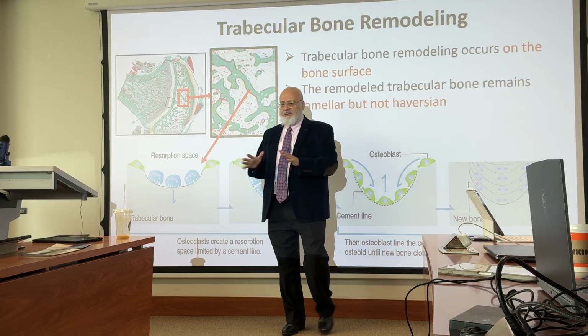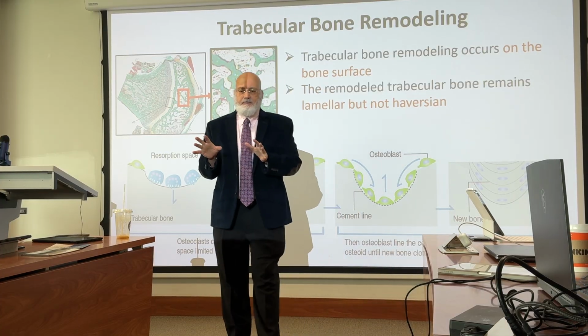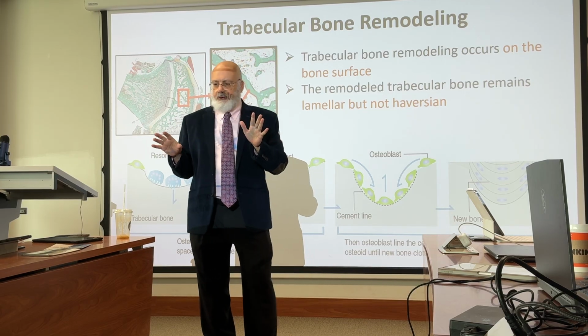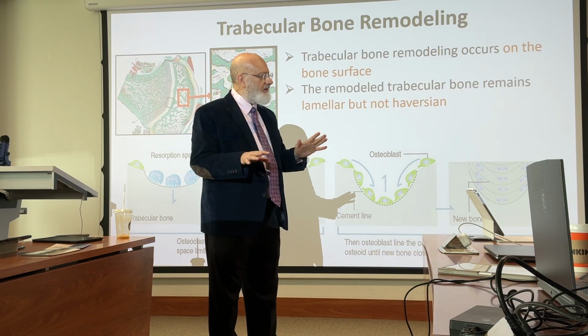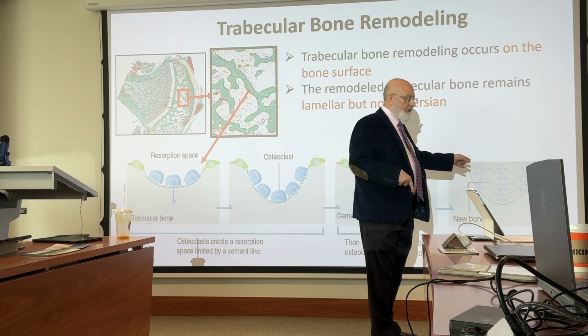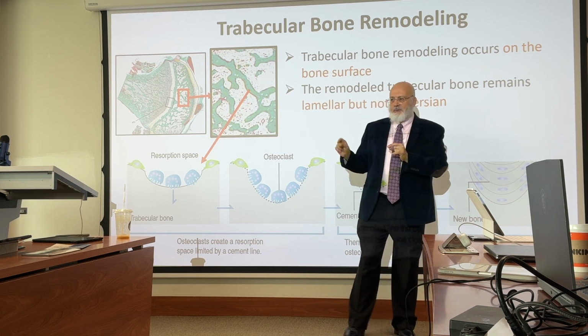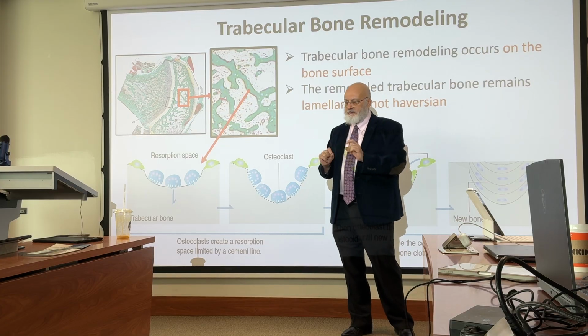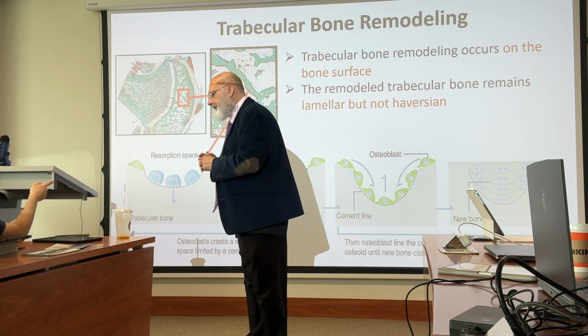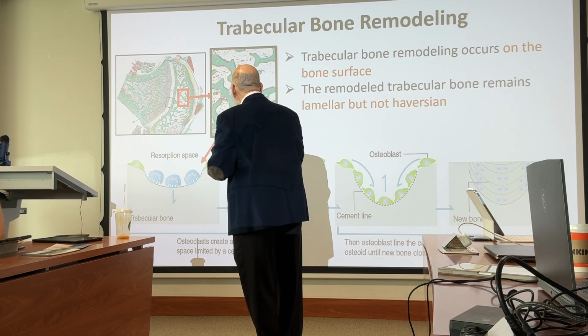A couple of things you need to understand. First, as I said before, osteoclasts work fast, so you don't need that much time to break something. But osteoblasts take a longer time. So you always see a lot more osteoblasts on the site versus osteoclasts, because osteoclasts can break a lot. The nucleus has something to do with it. Osteoclasts are multinucleated.